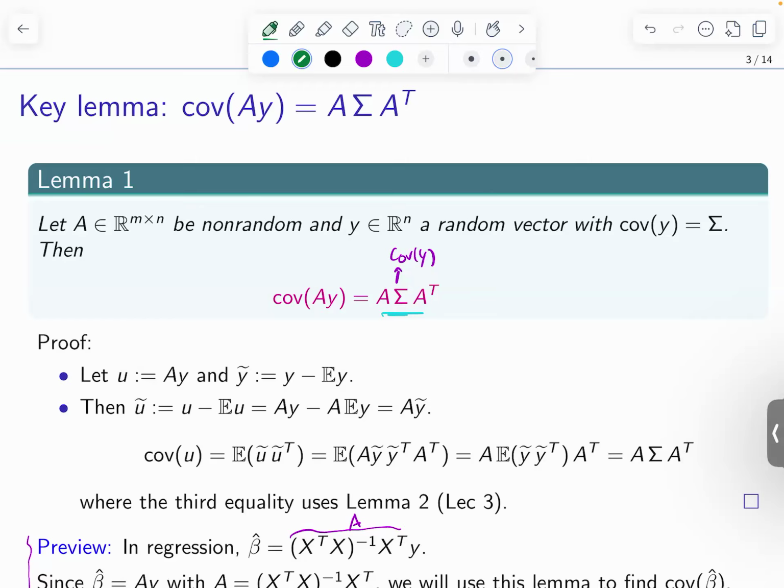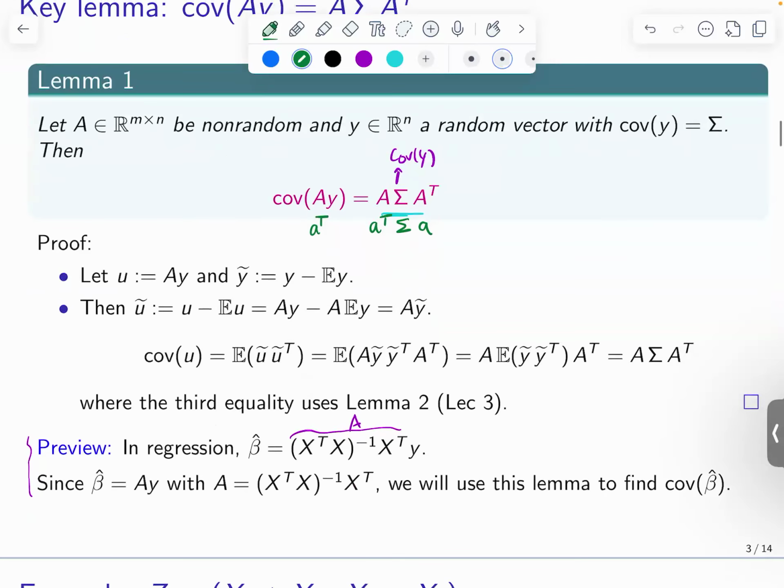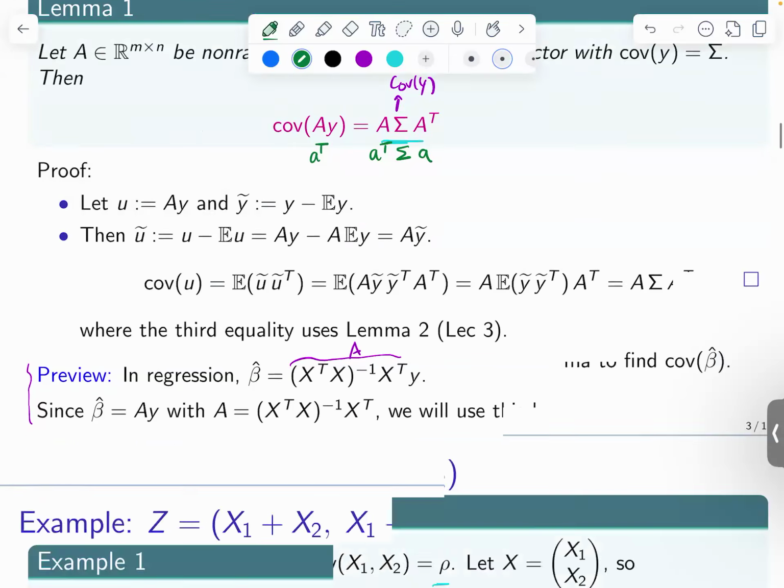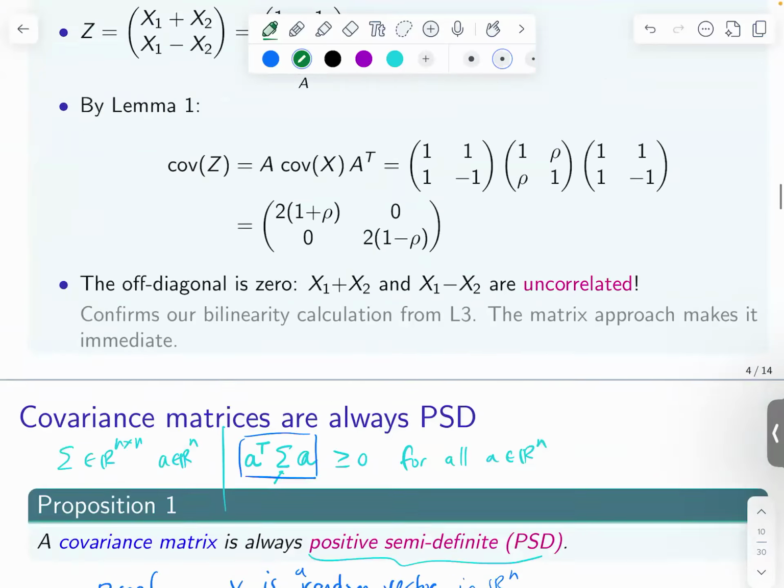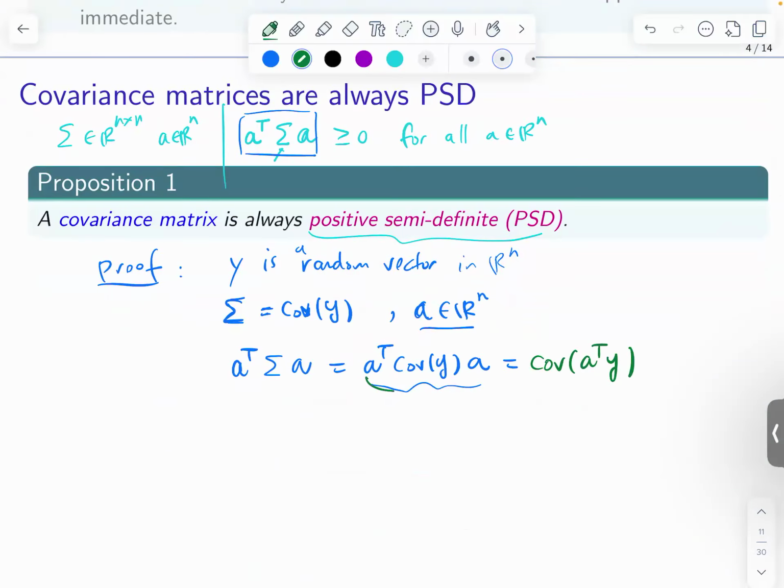So if I apply this result with capital A being A transpose here, and then A here, we got A transpose cov(Y) A.